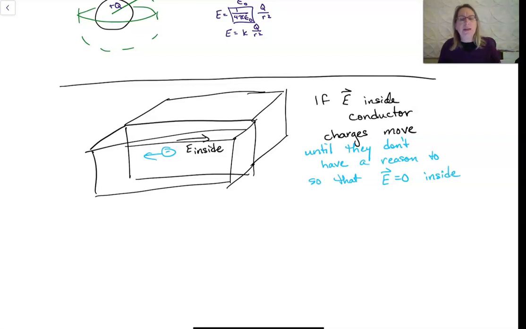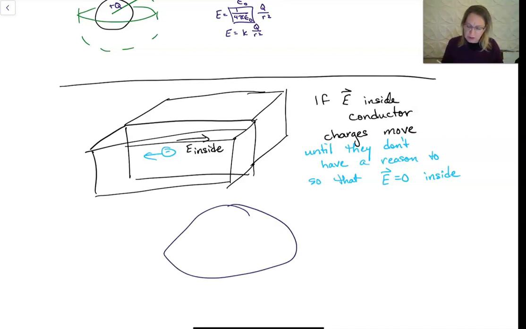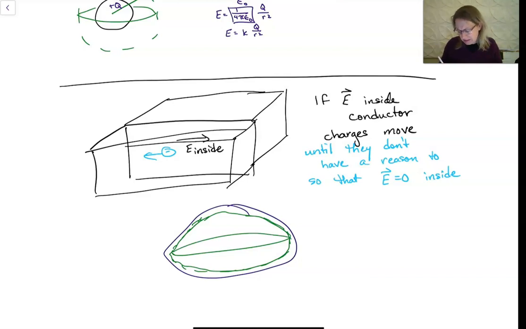So the electric field inside a conductor is zero. And what that means is that if I have a conductor shaped like that, and I draw a Gaussian surface, here's my green Gaussian surface, right on the inside. Sort of acorn shaped, I guess, walnut shaped, but here's my Gaussian surface.